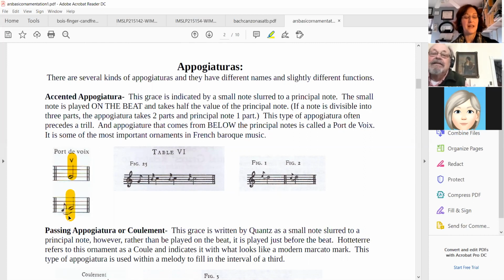It is played by going from F to G. So I've got my handy dandy recorder here. I'm going to be playing in the upper register an octave higher. This little accented porte-voix, on the beat, half the value of the big note. And in table 6, figure 25, we see a whole bunch of porte-voix.